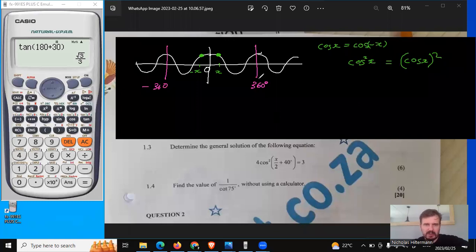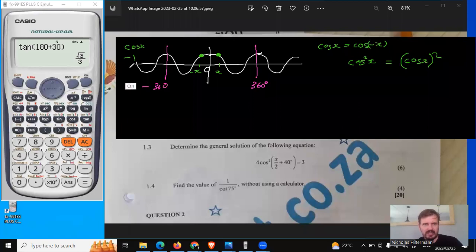So that helps us, because if this is the graph for cos x, then if I square any of these values, well, what happens if I square -1? I get +1.